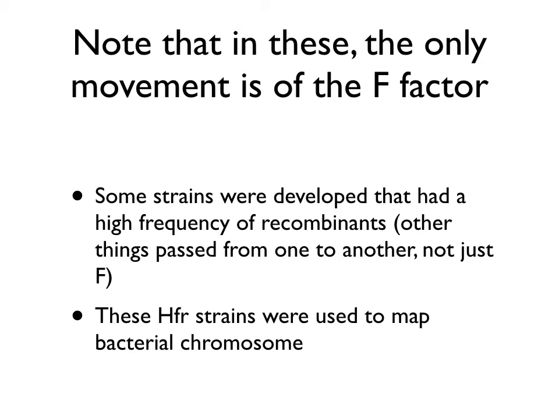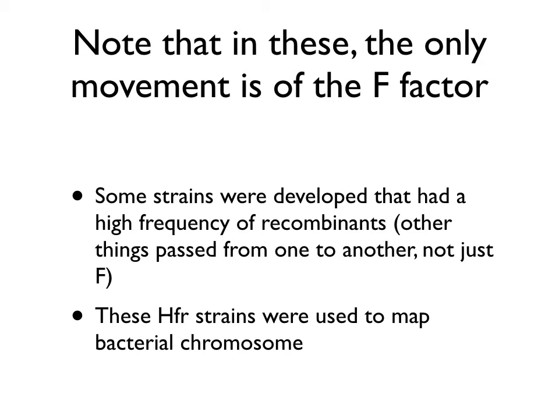Now, you'll see why that becomes important later when we talk about transformation of bacteria. But for our purposes, I want you to understand that that main yellow chromosome we saw on the previous slides contains nearly all of the genes for the bacterium. Now, if two different bacteria contain different alleles, you can detect recombination.